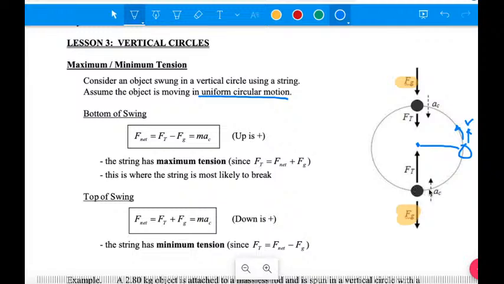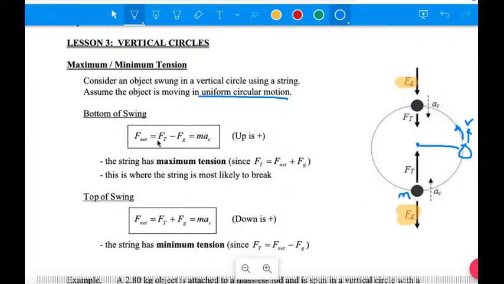So if we look at Newton's second law here, our net force is going to have a positive tension force because it's up. It's a negative force of gravity because it's opposite, it's down. So our force of tension minus our force of gravity is equal to the mass of this object times our centripetal acceleration, Ac.